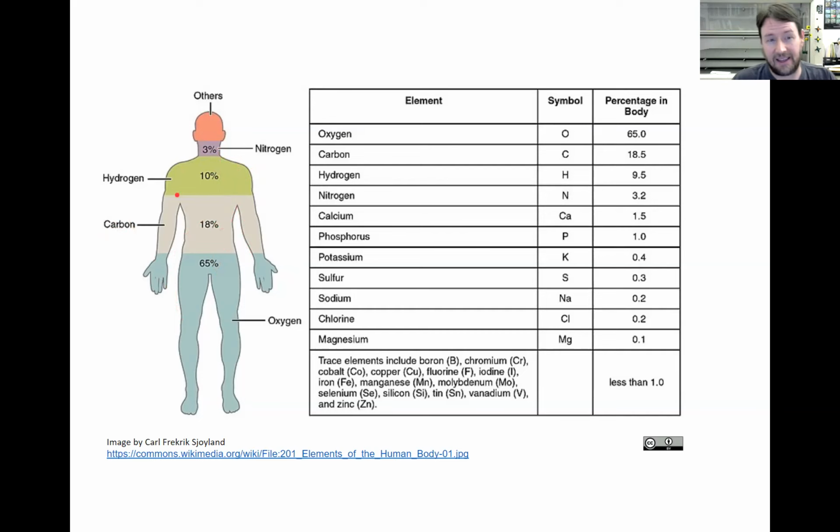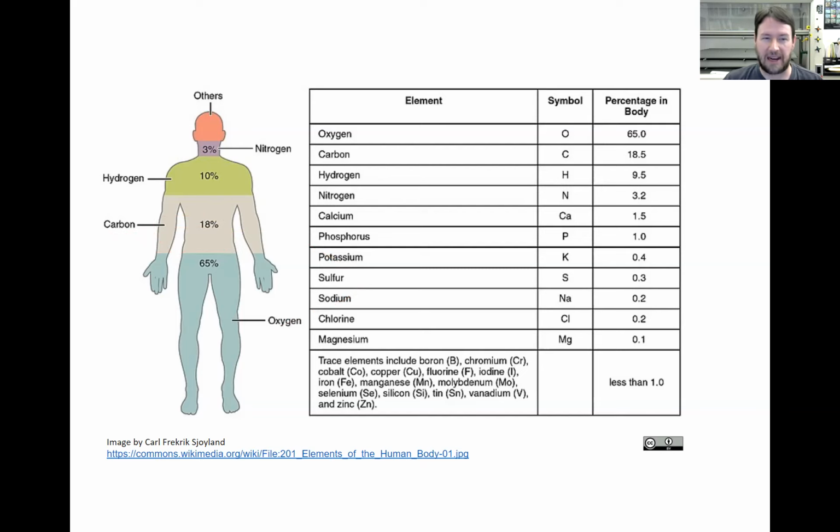And actually, it turns out oxygen is the most common by mass in our bodies because it's in water molecules, and most of our mass is actually water. The next most common by mass would be carbon, because that's in every single biological molecule we have.